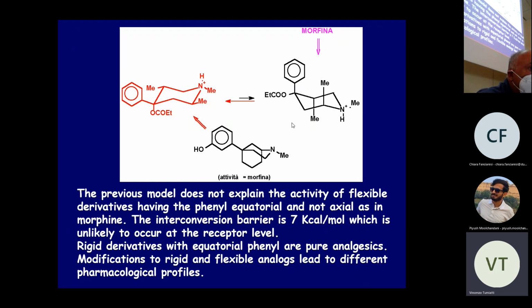So you see the red arrow, the equilibrium is on the left, where the aromatic ring is located in equatorial form and not in axial.